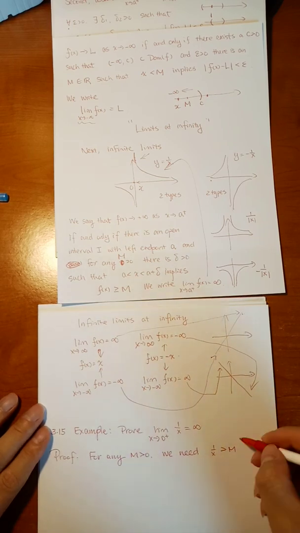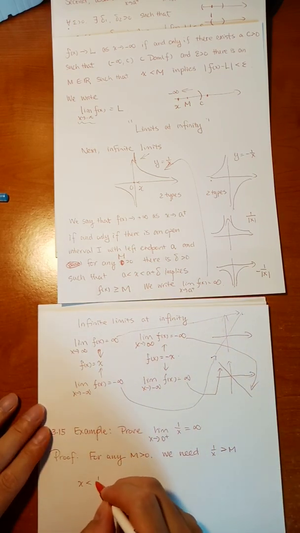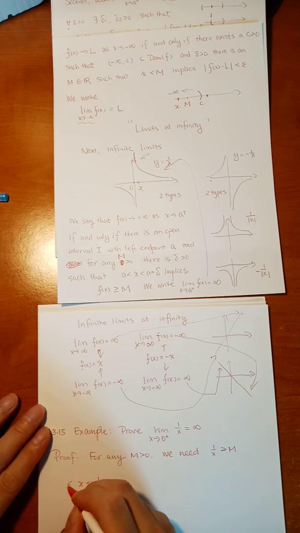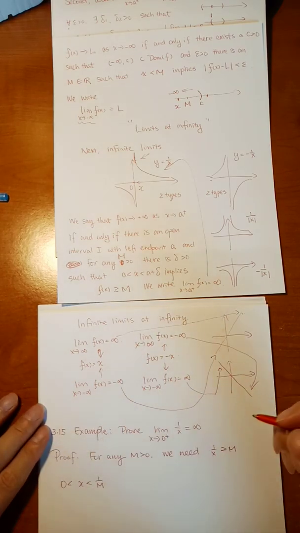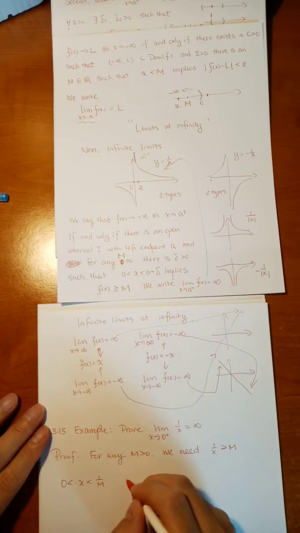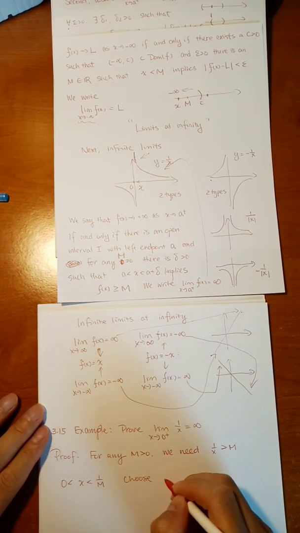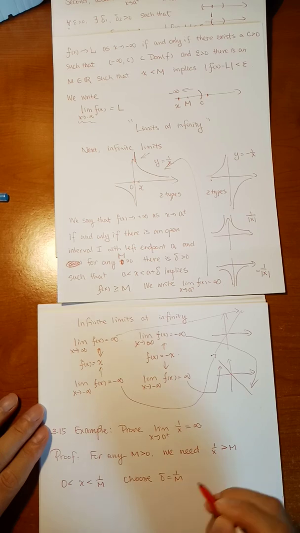And then you flip that, you get x is less than 1 over M. Of course, it's greater than 0. We assume this x is from the right-hand side. Okay, so just choose delta to be 1 over M.